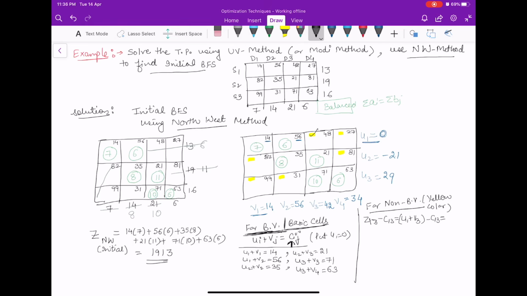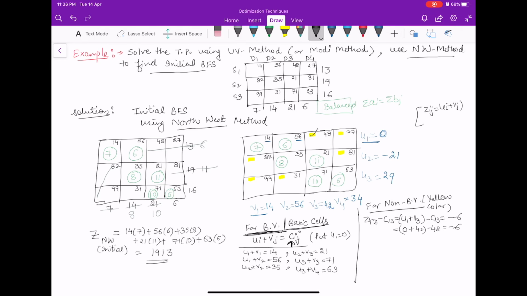In my last video, we have already seen that Zij is equal to ui plus vj, and this is what we are using throughout in this calculation. So this quantity we need to calculate, and this quantity is minus 6. You can see u1 is 0. v3 is 42, and C13 is 48, so this quantity is minus 6.